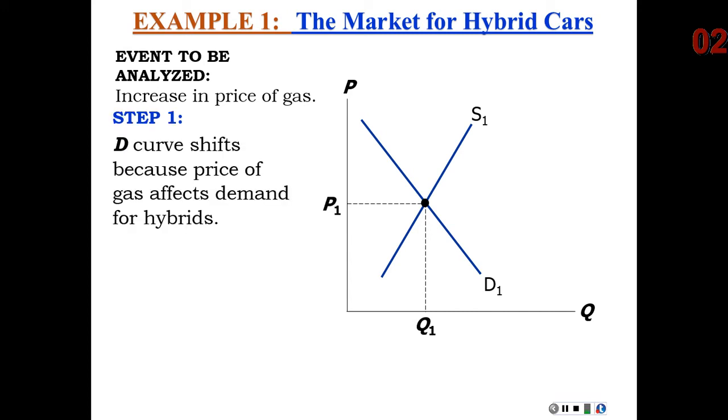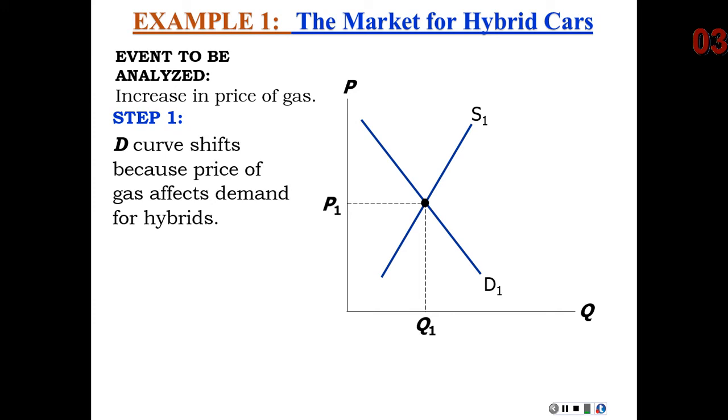Step one, which curve would most likely be affected? Well, increasing gas prices is unlikely to directly affect the supply decision or the supply curve. But think about demand. When are hybrid cars most appealing? In fact, what feature of hybrid cars makes them appealing? The fact that they save you gas money. They use less gasoline.